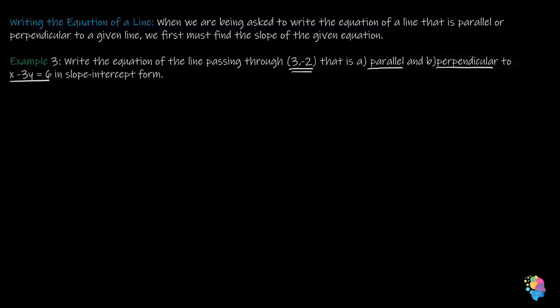This time they want it in slope-intercept form. Now remember, before you do anything else, we need to find the slope of the given equation. Now, since the given equation is in standard form, I'm going to use the standard form to find the slope.